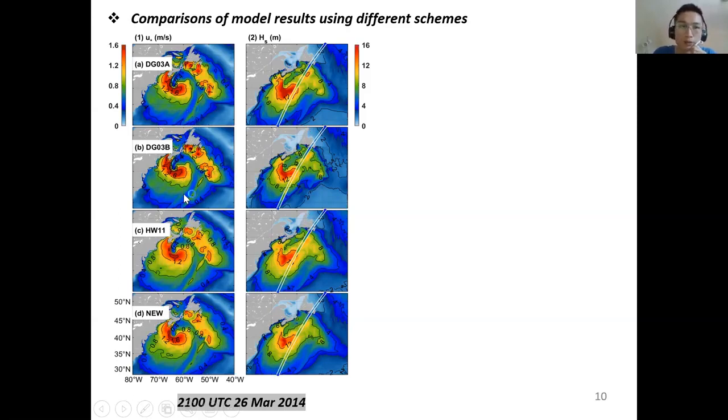So in comparison with panels C and D, the first 2 panels, which are wave-dependent schemes suggested in previous studies, they have larger friction velocity at high winds, but lower friction velocity at low winds.